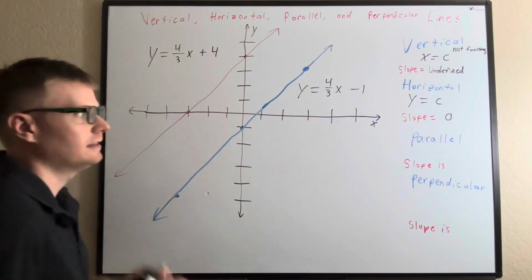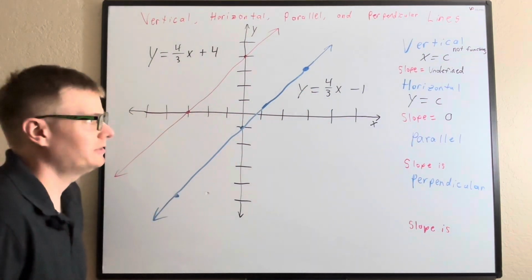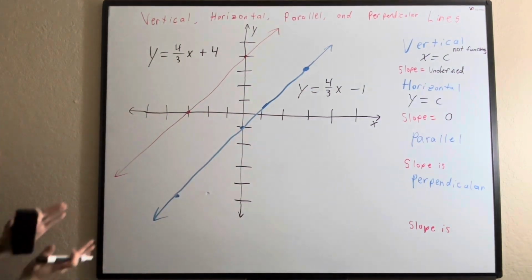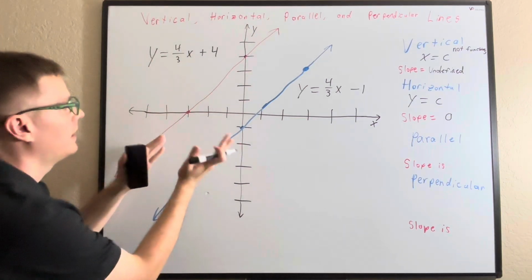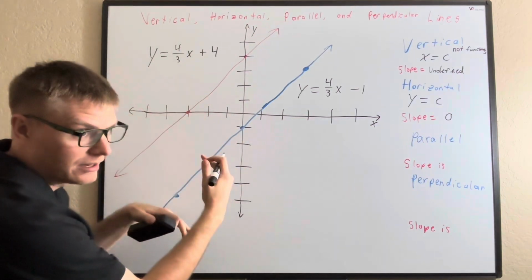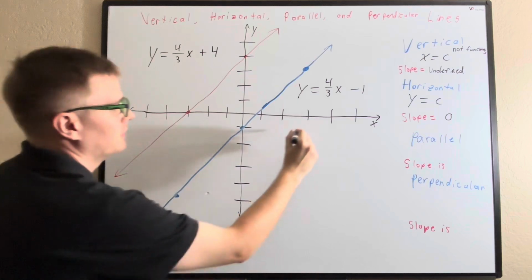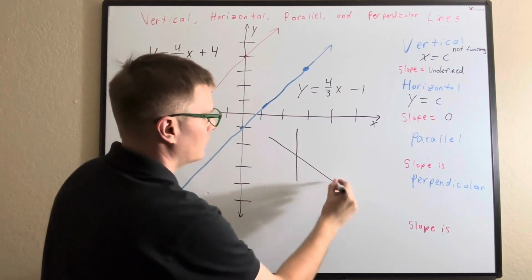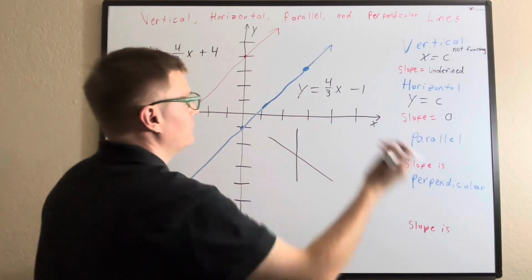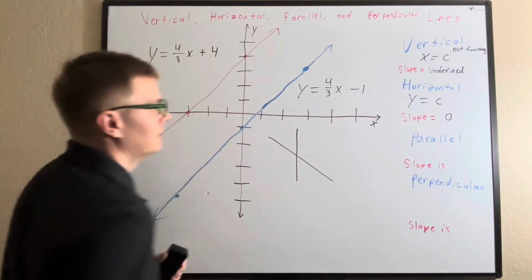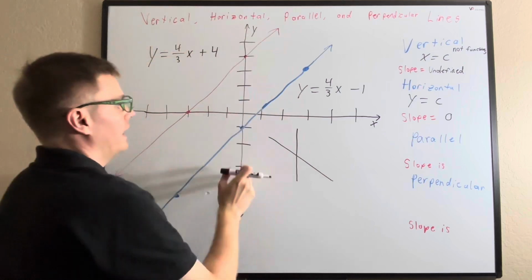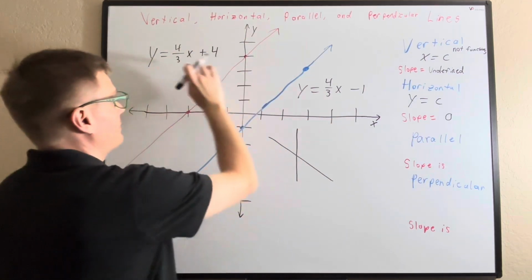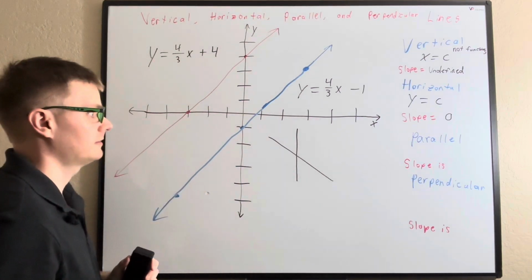That's what makes these lines parallel. What does that mean if the slope is the same? It means that these lines will go on forever and ever, and they will never intersect. What does intersect mean? It means they'll never cross each other. Both lines intercept the y-axis because the y-axis is a vertical line and does not have the same slope as these 2 lines.